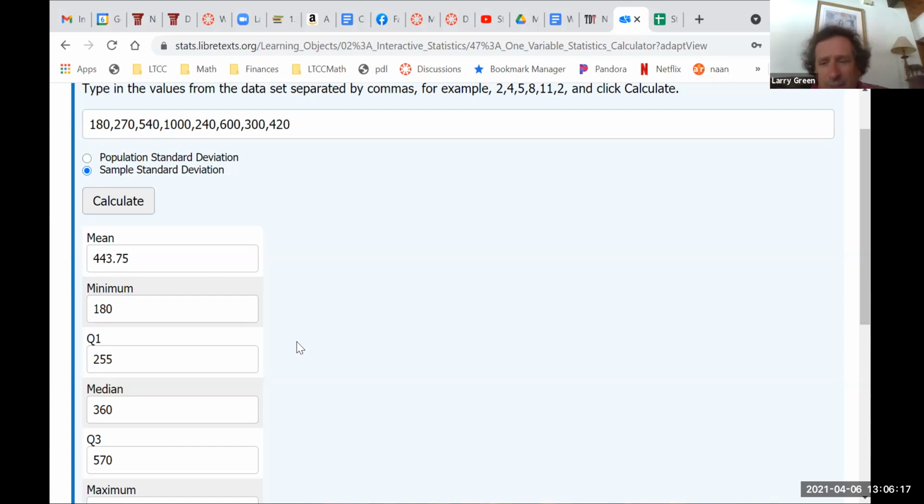I do want to give you a little warning. It is my biggest headache in all of statistics, personally, and that is that the national organization of statistics doesn't have an agreed upon definition. Isn't that awful? So if you use this calculator versus a different calculator, you might actually get a different answer.